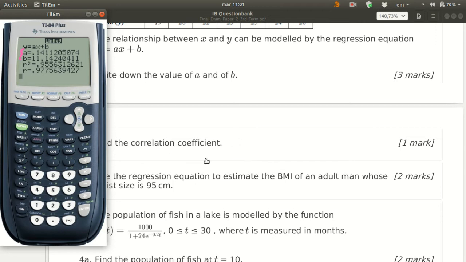But anyway, the correlation coefficient is 0.978. 3 significant figures. I cannot emphasize this enough. A lot of you left 0.977 rounded incorrectly, or 0.98, right? Or 1. I think one person even rounded it to 1. No, 3 significant figures. The next number is a 5, so we round up to 0.978.